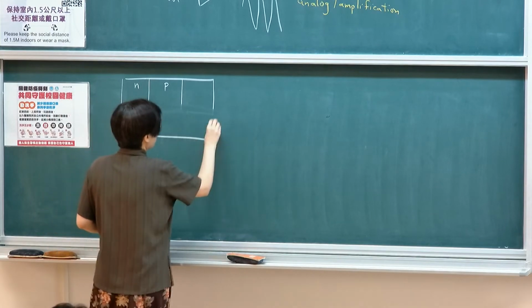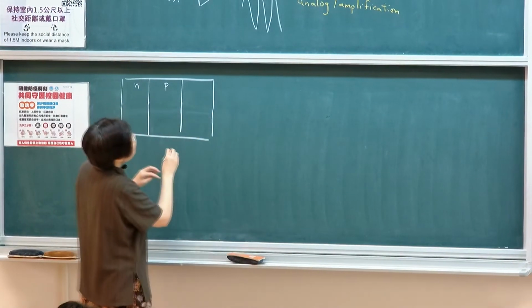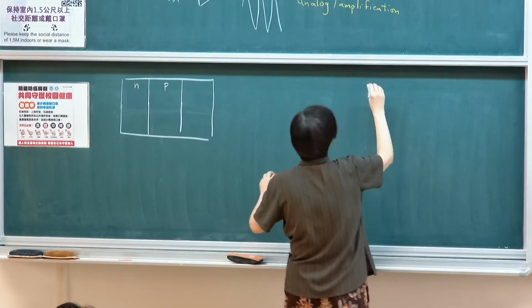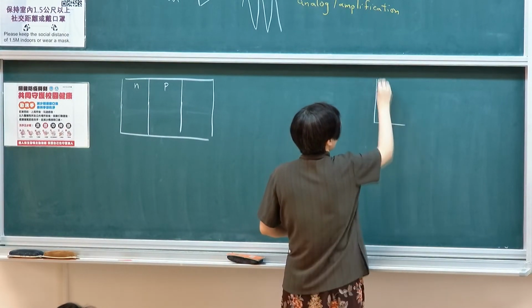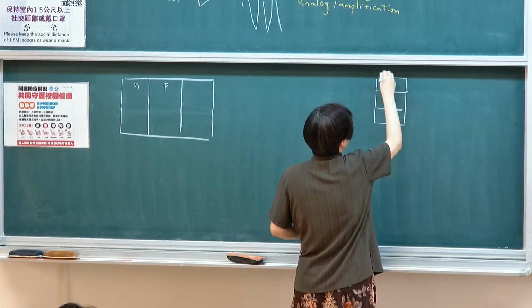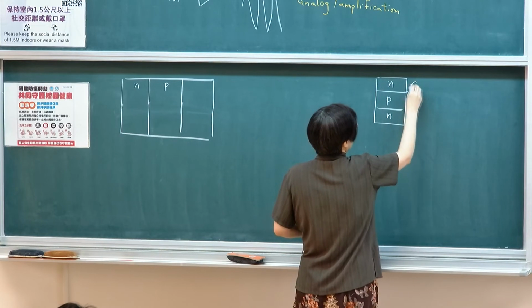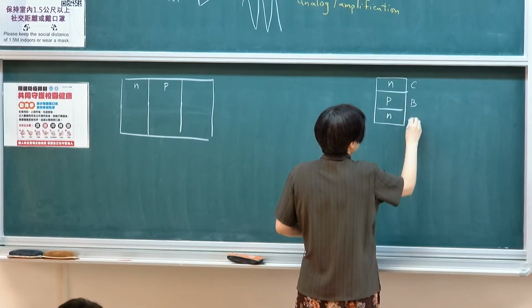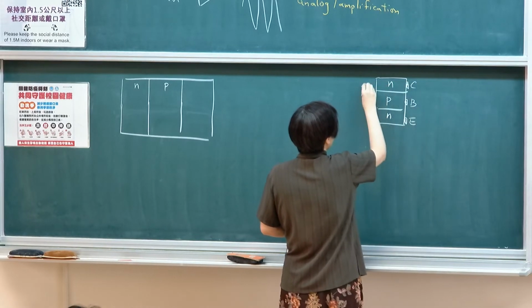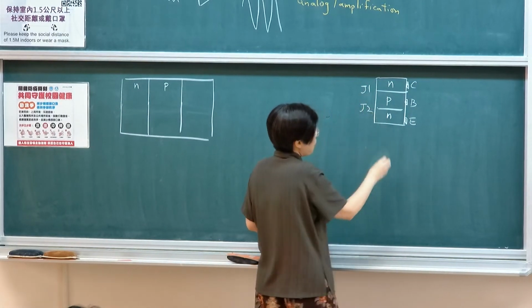Oh, I forgot to discuss one thing before we actually move on. Remember, there are two junctions, as we said. So this is N, P, N. If we're following the collector, base, emitter structure, there will be junction 1 and junction 2, right?